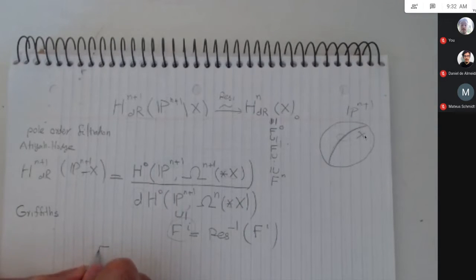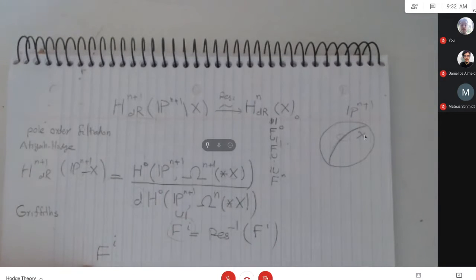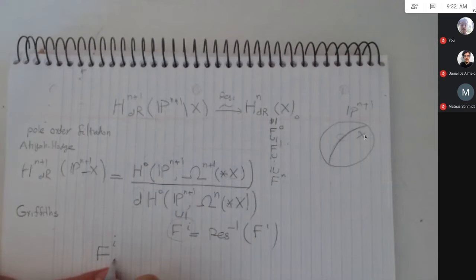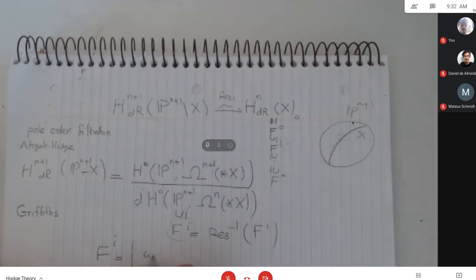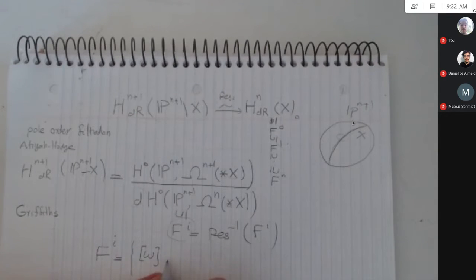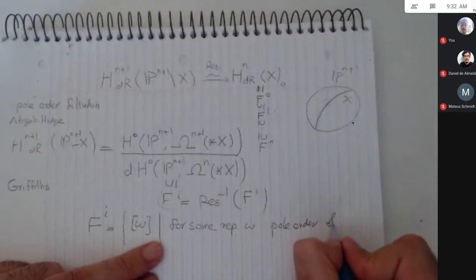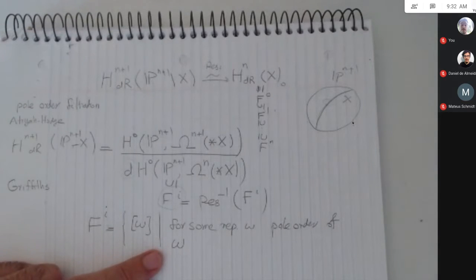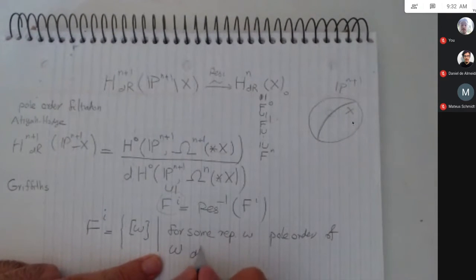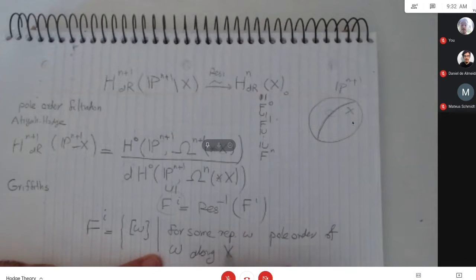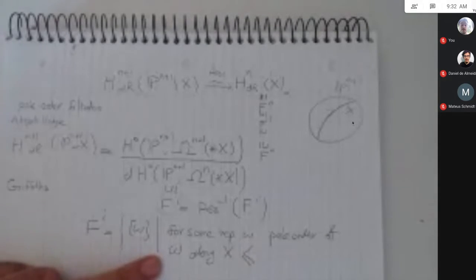First of all, Griffiths theorem tells that F^i corresponds to elements such that, for some representative omega, the pole order of omega along X is less than or equal to n+1-i.